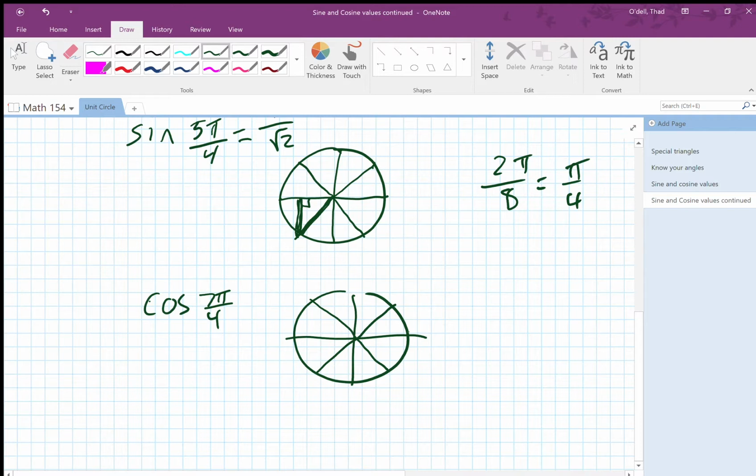Or actually, I could go here. I know that all the way around is 8 pi over 4, so that means 7 pi over 4 would be 1 back from that. So I'm sitting right here. There's my 45, 45, 90 triangle, and I'm looking for this length here on the x-axis, and that's going to the right, so that's a positive 1 over rad 2.